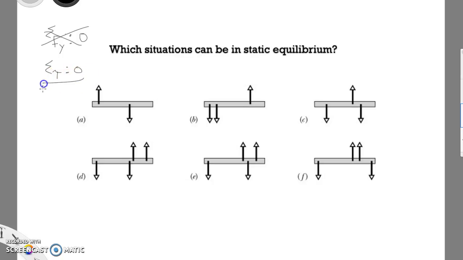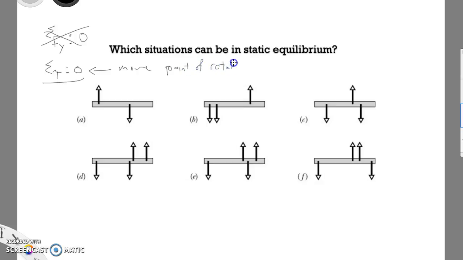So for which cases could it be that the sum of the torques is equal to zero? Now the key to answering this is that since the sum of the torques is equal to zero, there's a thing that we can do: we can move the point of rotation to wherever we want.